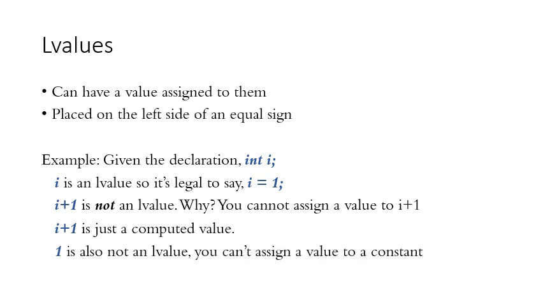So 1 is also not an L value because you cannot assign a value to a constant. The compiler will detect errors of this nature, and therefore you will get an error message.